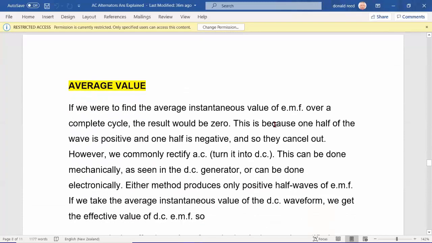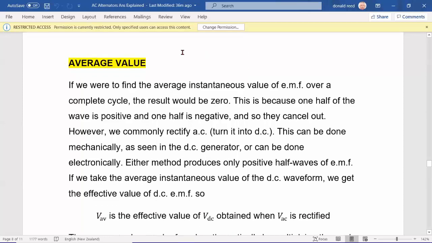Average value. Now, this is a little different. A lot of students get tied up with this, and the reason they get tied up with this is when it is turned into DC. But we'll worry about that a little later.